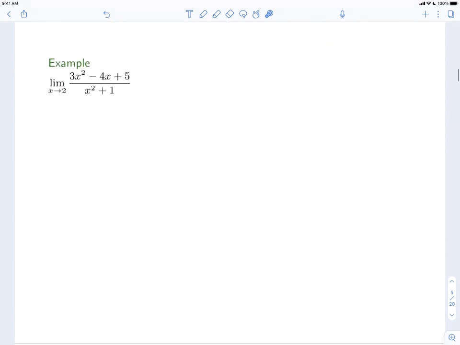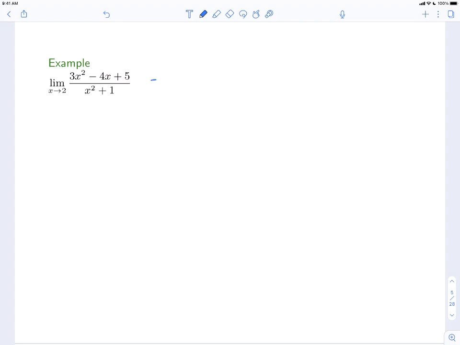This is a rational function, so again we can use the substitution rule. This is the limit as x approaches 2 of 3x squared minus 4x plus 5, which might look familiar from the previous slide, divided by x squared plus 1. Since x equals 2 is in the domain of this rational function, we can simply plug it into the numerator and the denominator.